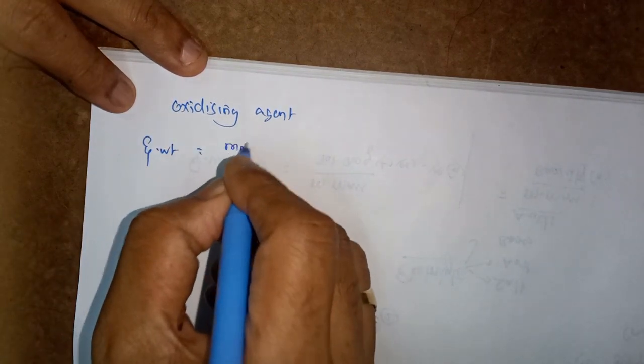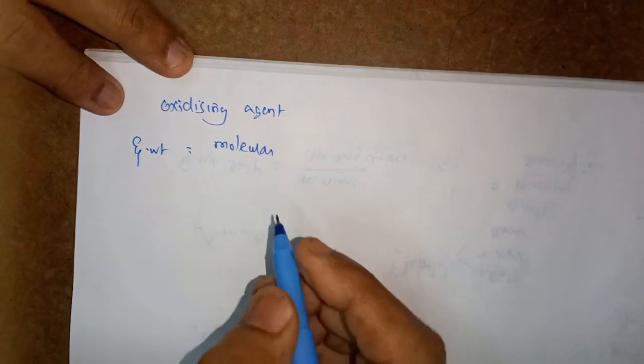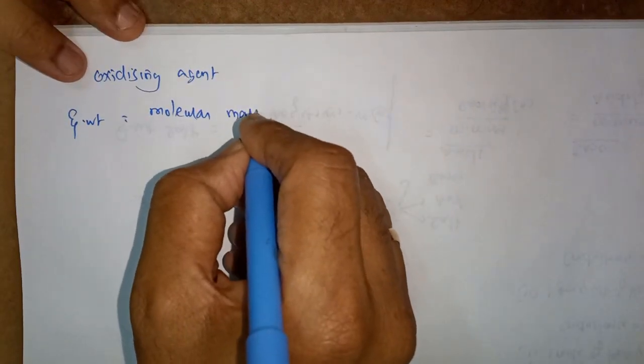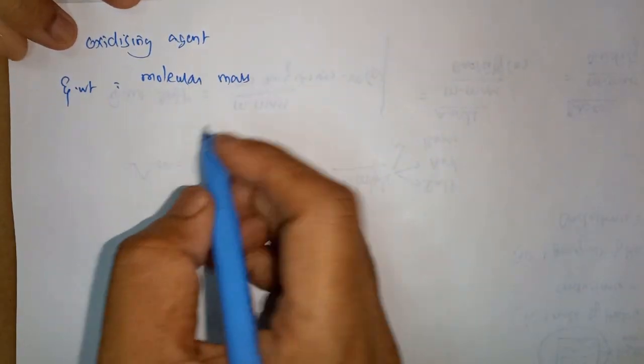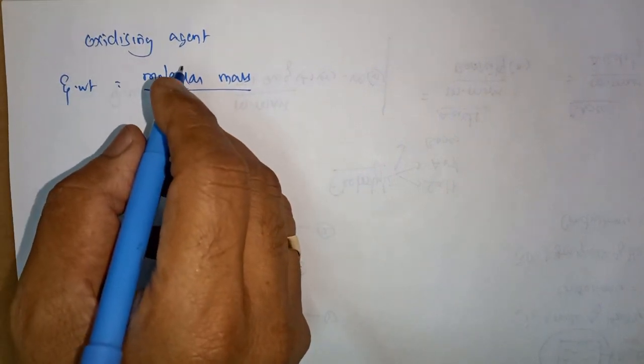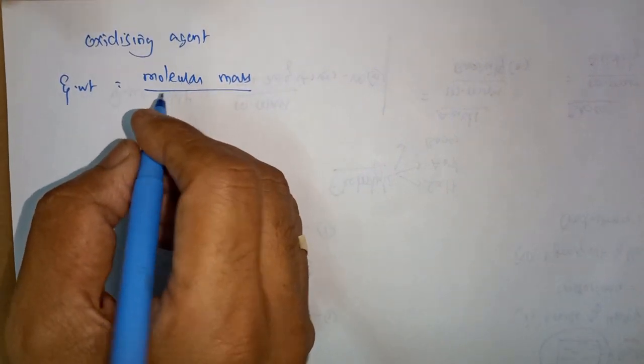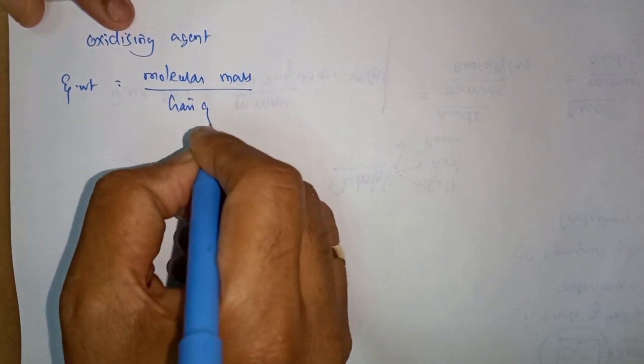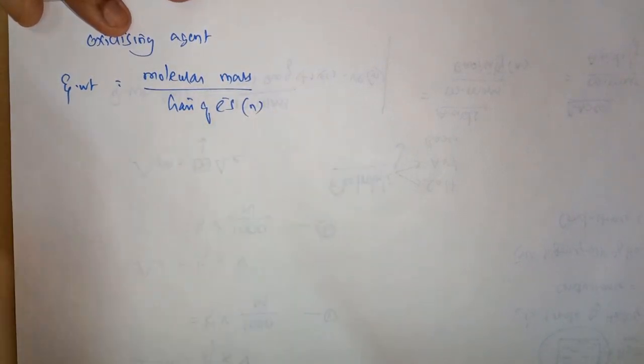It is molecular mass divided by n. If it is an oxidizing agent, during the reaction it will undergo reduction. Reduction means gain of electrons. This gain of electrons is called n.